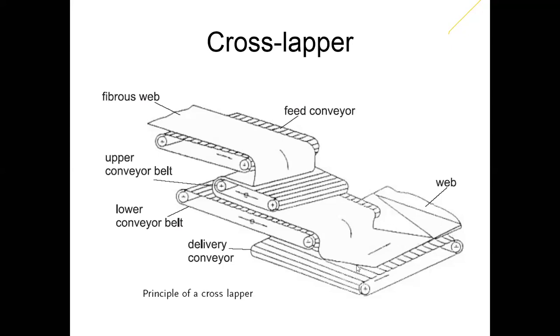You can see now it is parallel here, but the direction has changed by 90 degrees. So this is a cross lap, meaning the fibers are arranged in the cross machine direction. Therefore, it is called cross lapper.